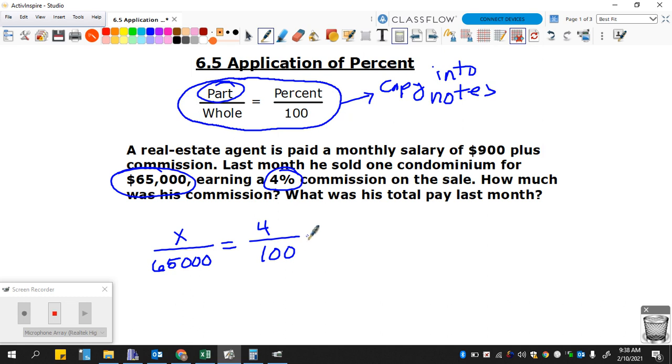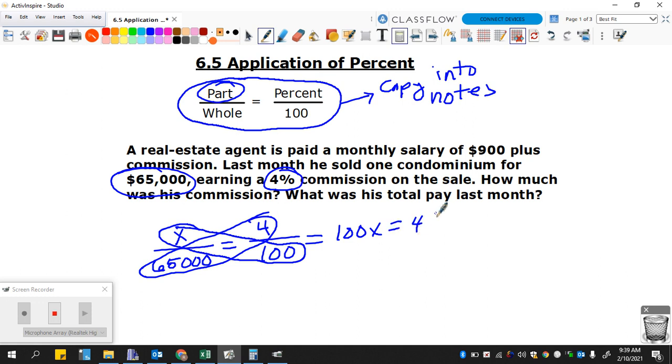Now remember, when we solve a proportion, we just cross multiply. So we have 100 times x, and 4 times $65,000. It's important to remember that we're talking about dollars here, so put your dollar sign.